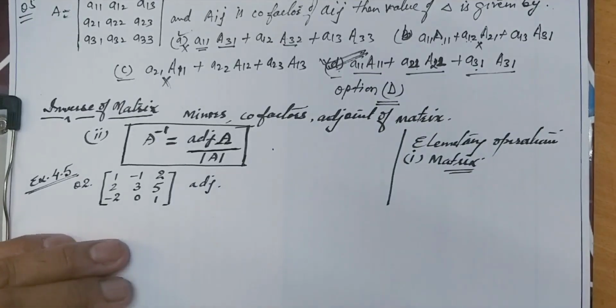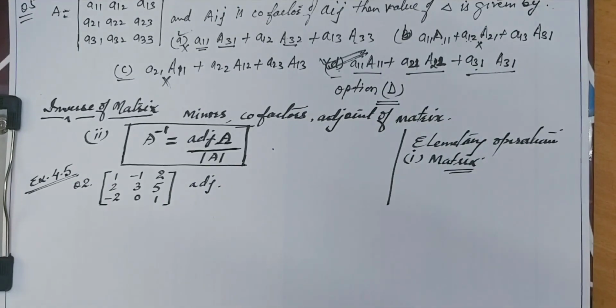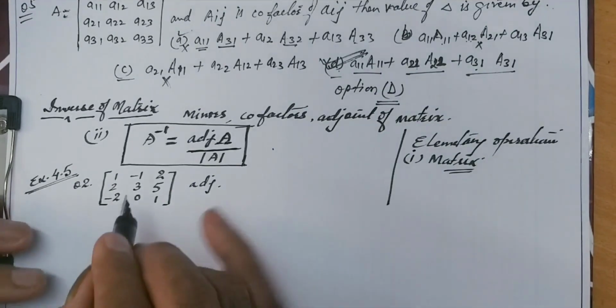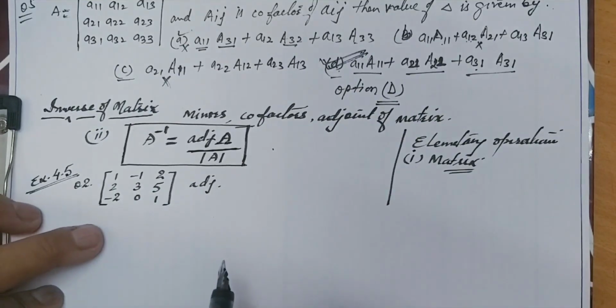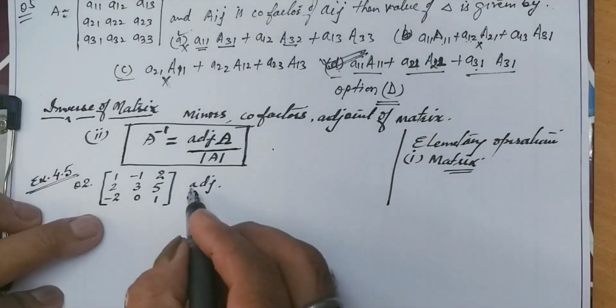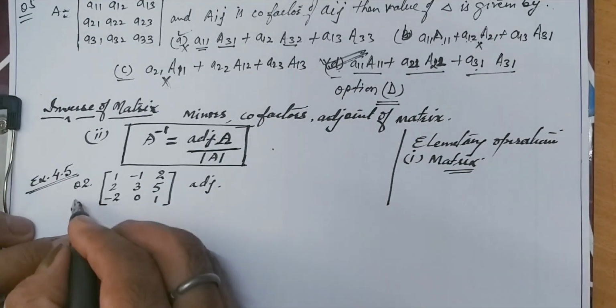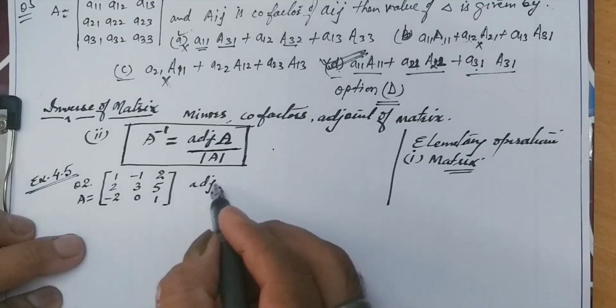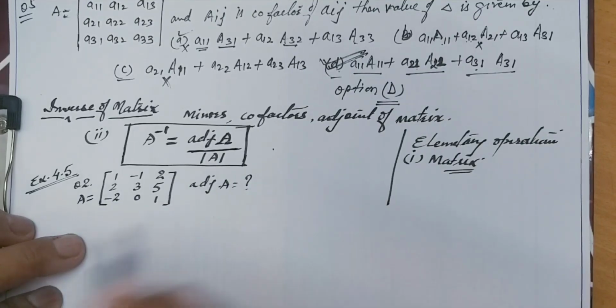Adjoint. So for adjoint, you know we have to find out all the cofactors of the respective elements of this matrix, and then put all the elements in the same order and then take its transpose. That is called adjoint of this matrix. Let us denote this matrix by A. So we want adjoint of matrix A.